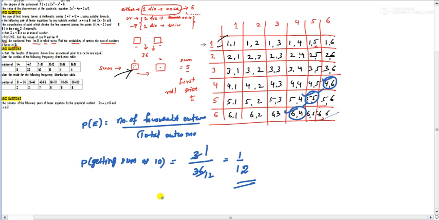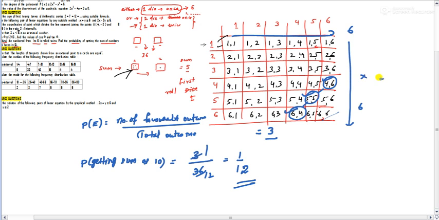Sir, can you repeat once more? Which step? That division one. See here, the number of favorable outcomes is how much? It is 3. And the total outcome: see, this side we have 6 and this side is 6.